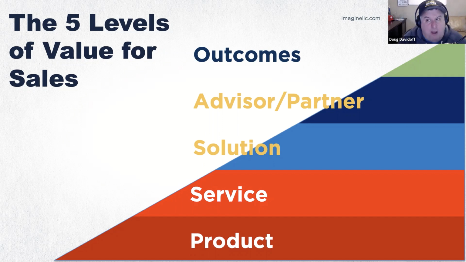Are you helping me? Am I doing better? Is it easier for me? Are you making sense of the world for me? That's what it means to be advisor partner. So you have to be totally customer focused and customer relevant to come in at that fourth level. That's where, again, you begin to get that distinction and that difference.